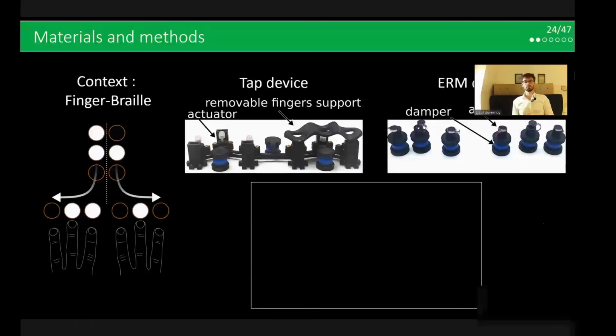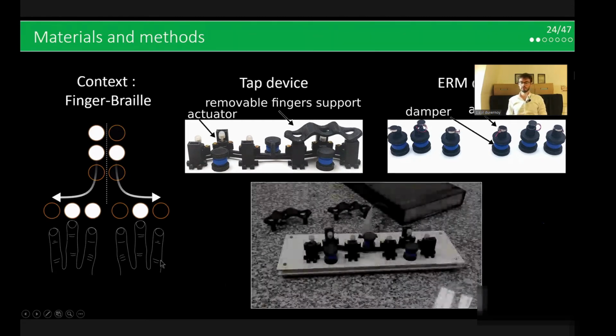So we made 2 devices. The first device is based on our tap actuator, and the second device is made of the ERM motor. So we have our device that creates the tap, and a specific device that creates vibrations. I will show you briefly the first device.